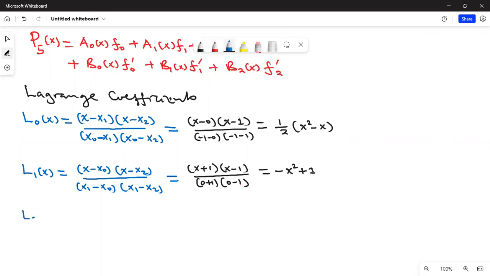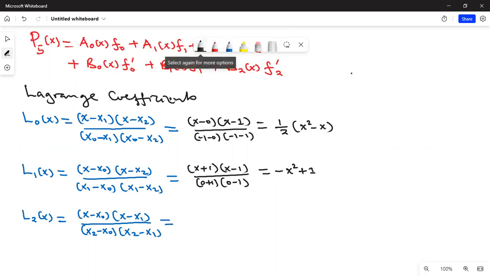Similarly, L2 of x is equal to (x minus x0)(x minus x1) over (x2 minus x0)(x2 minus x1). So let's replace again those values from our table.